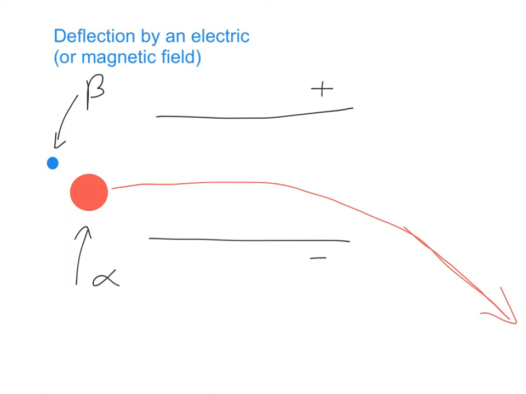The electron is negative and will therefore be attracted to the positive plate, and again, when it comes out of the electric field, it'll carry on in a straight line. Gamma is not charged and therefore is not affected by either an electric or a magnetic field.